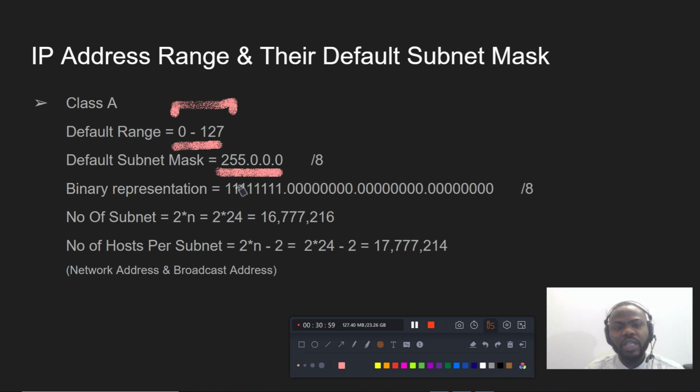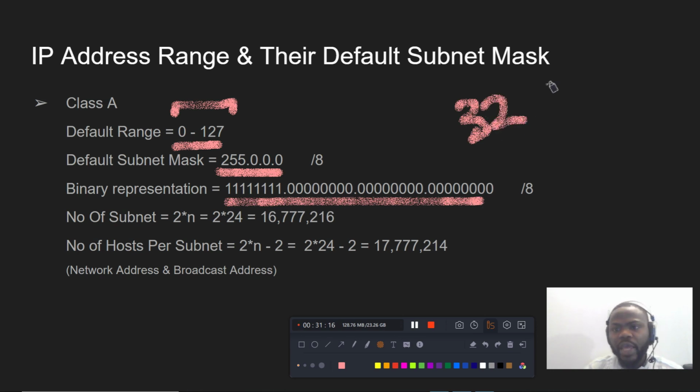So the binary representation for 255.0.0.0 is this: 1 in 8 places, then another 8 zeros, another 8 zeros, and another 8 zeros. All this together equals 32 bits. That's why an IP address has 32 bits, and they are divided into 8 bits each.